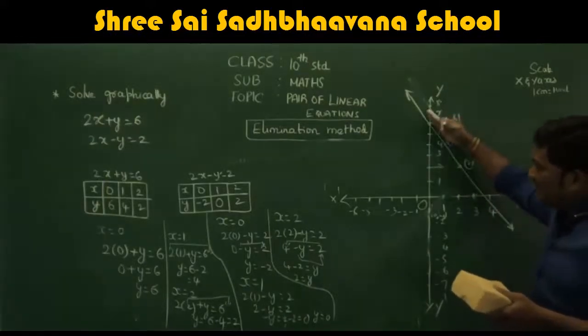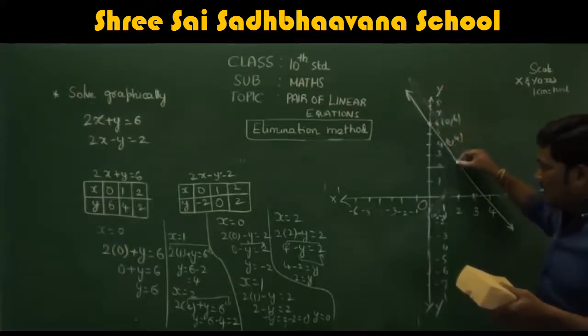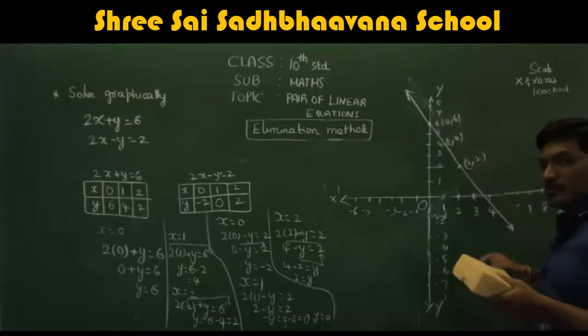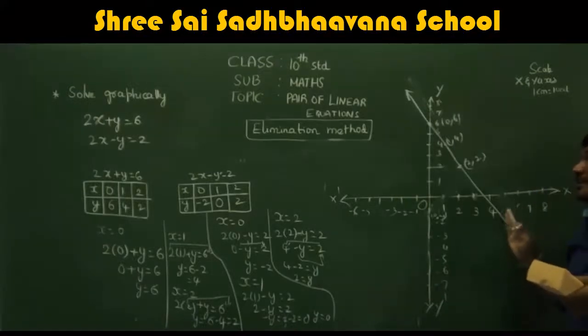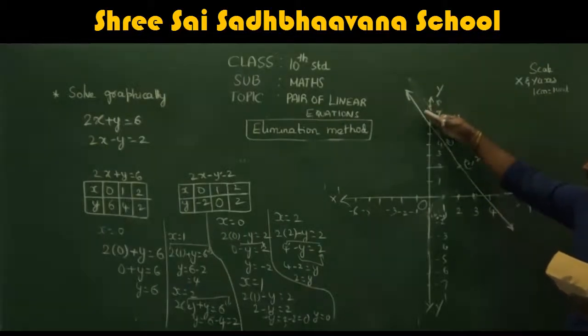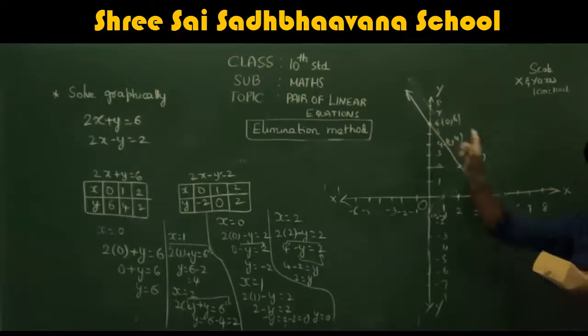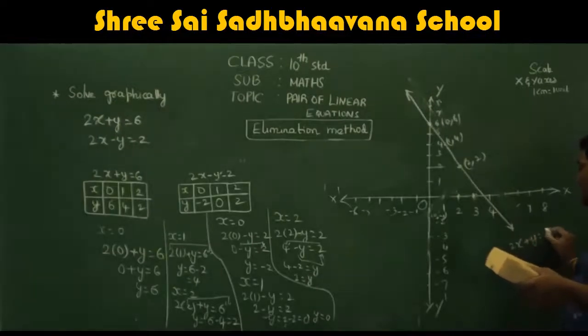Take the scale and keep it exactly to join these points. Don't keep your scale in a crossed manner. You have to keep your scale such that all three points come on one line only, and extend it on both sides. So this line's name is 2x plus y is equal to 6.